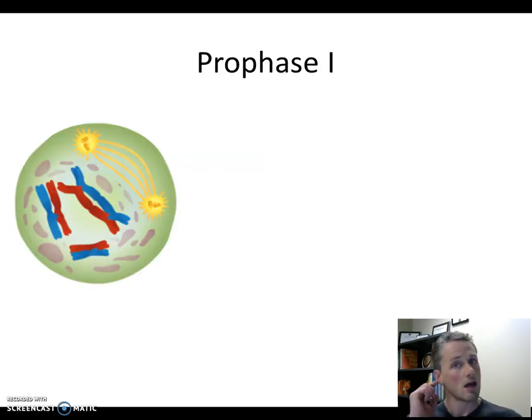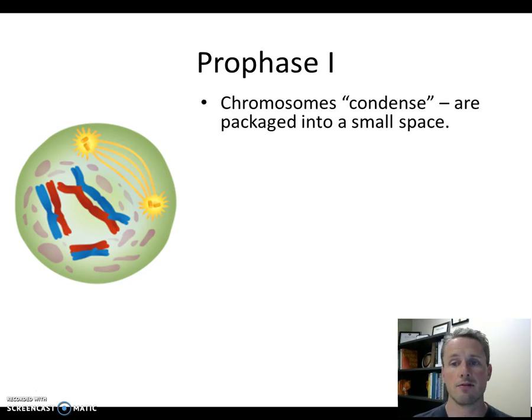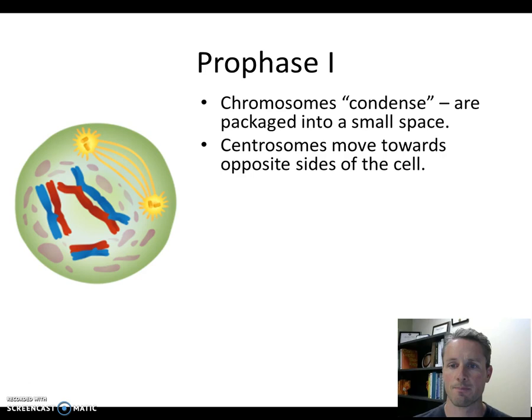So let's go. We'll start with Prophase I. A lot of the events that happen during Prophase I are identical to the events that happen during prophase of mitosis. So we're going to get things like chromosome condensation. Remember, that's just packaging our chromosome into smaller spaces so that we can more easily move those chromosomes around. That happened in mitosis.